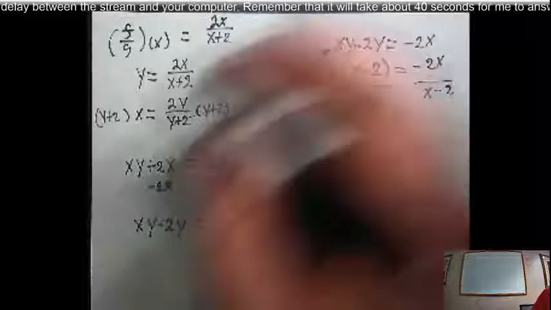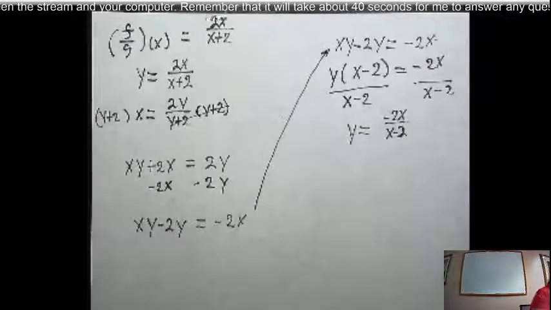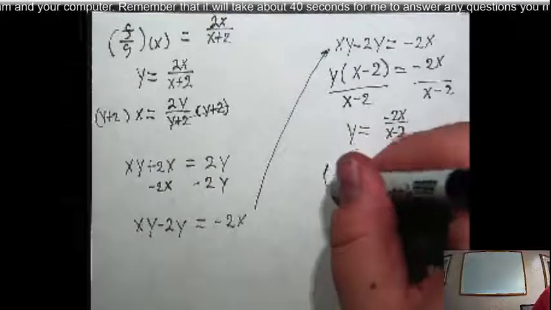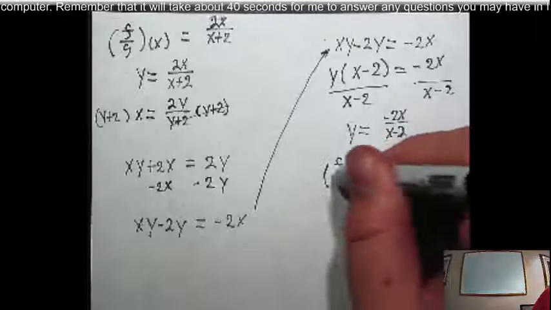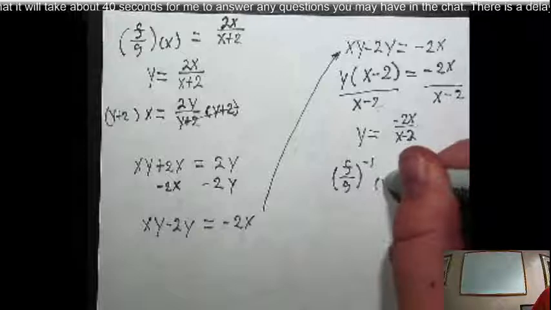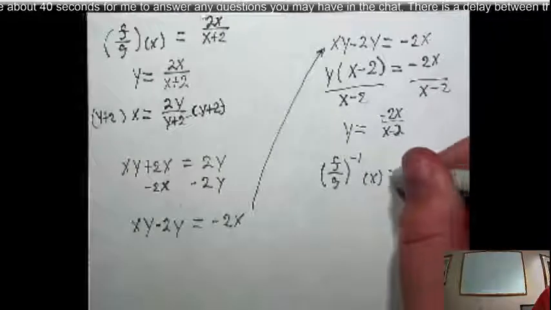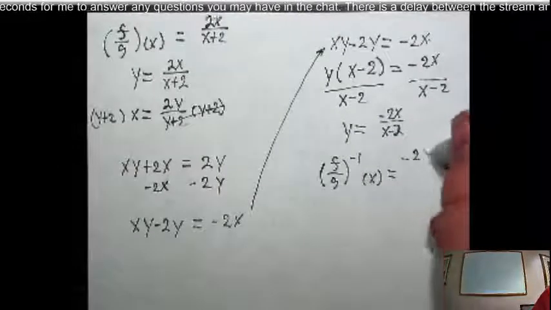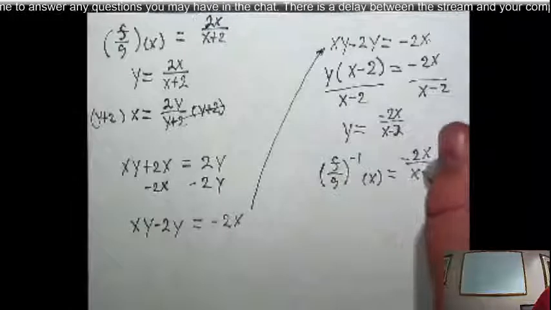This is the true inverse function. So this would be (f over g) to the negative 1 of x equals negative 2x over x minus 2.